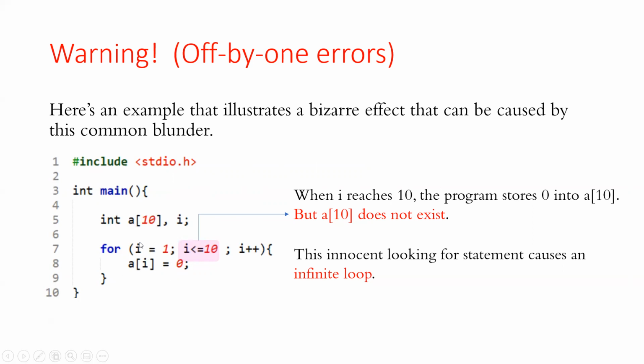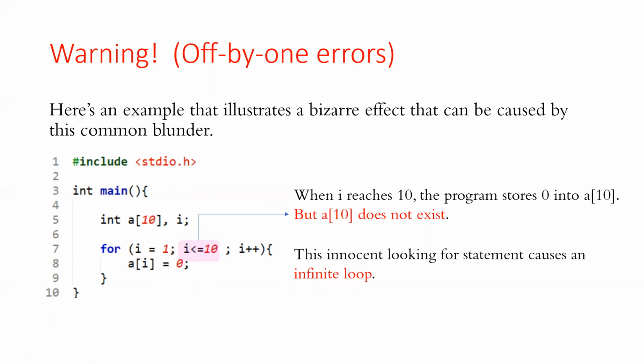We create a loop to loop through the elements of the array. For each member of the array, we assign its value to 0. This will continue for as long as the condition is true, but our condition is that I is less than or equal to 10.